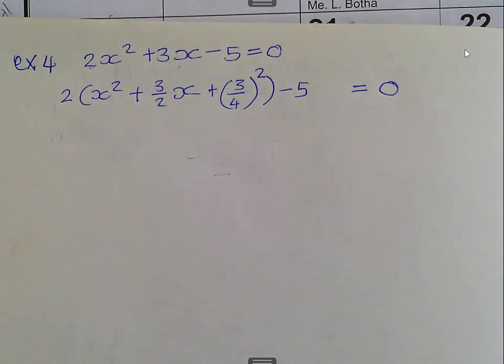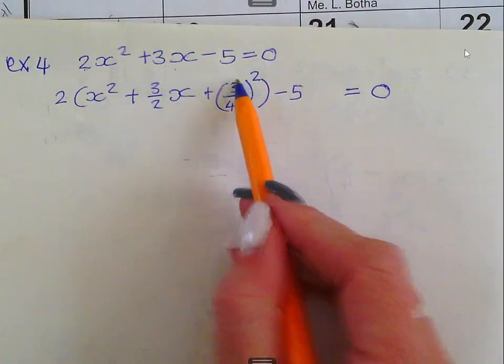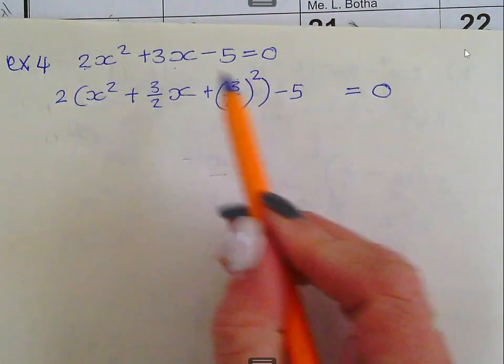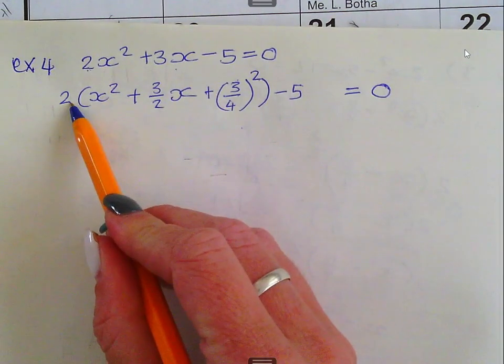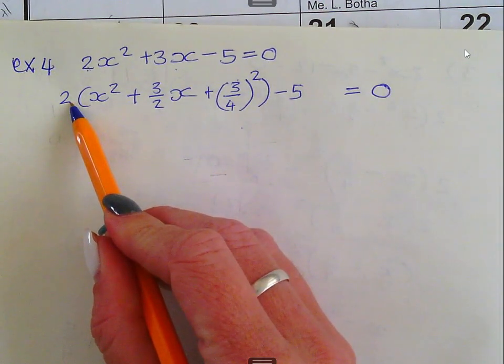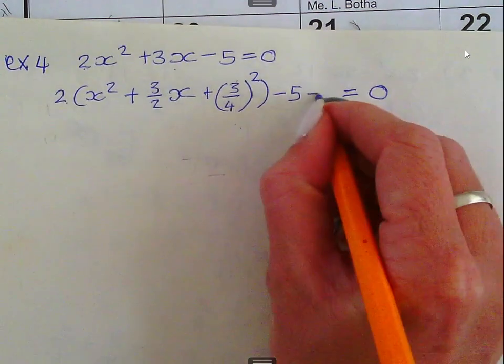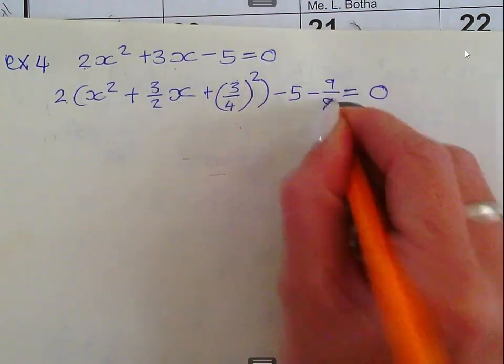When something has to go out of the bracket, we multiply. So you remember, we want that thing to go out of the bracket. So I'm going to say 9 over 16 times 2. You all understand that? Yes. 9 over 16 times 2 will give me 9 over 8, and it's minus.